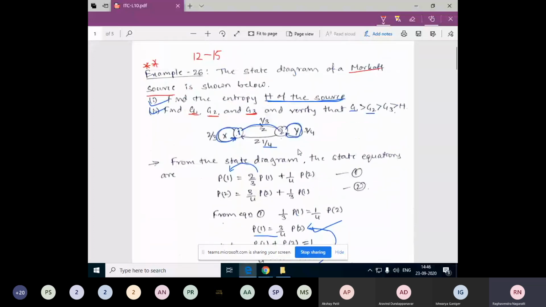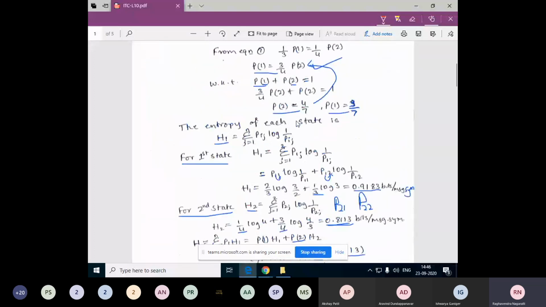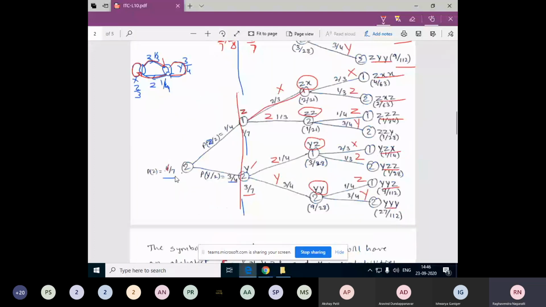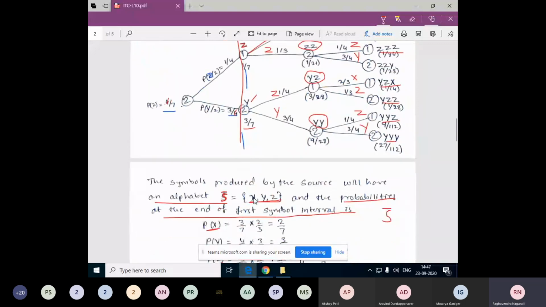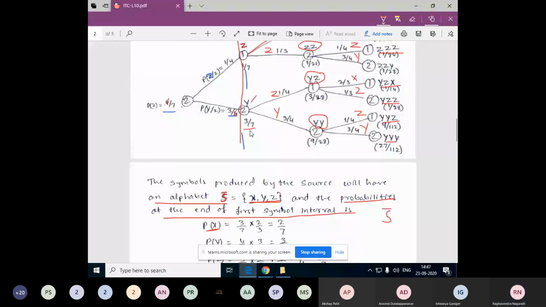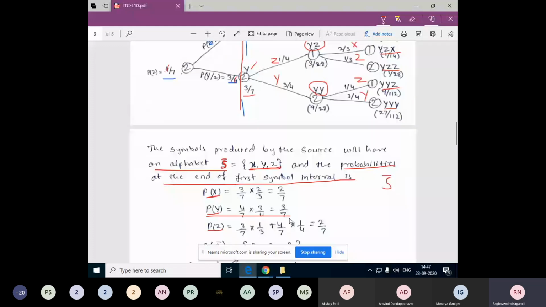What is the probability of P of 2? It is 4 by 7. So 4 by 7 into 3 by 4. The 4s cancel each other, and we are left with 3 by 7. So 3 by 7 is the probability of P of Y.